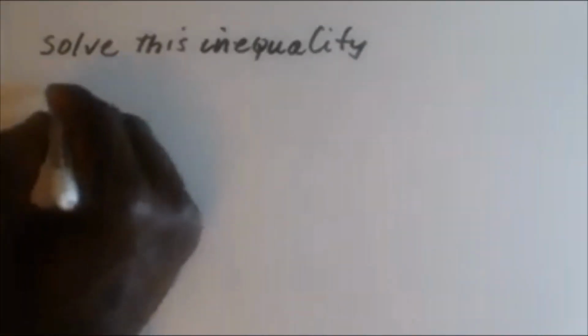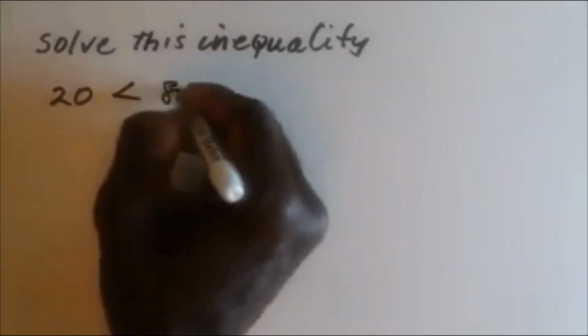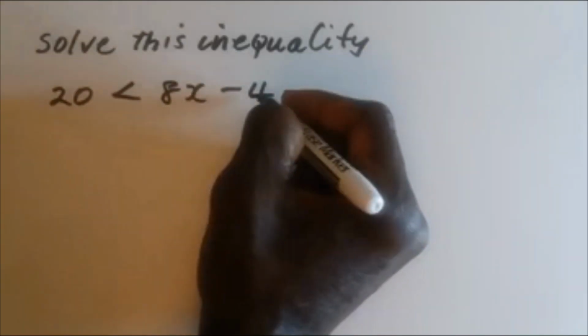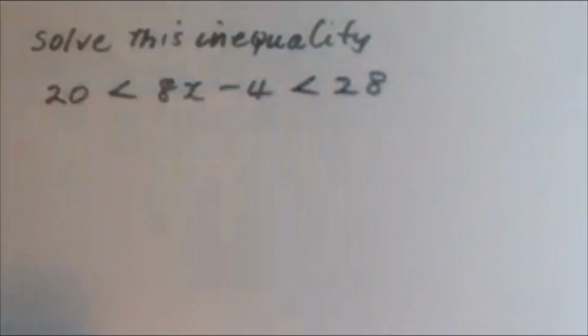Next we have the inequality 20 is less than 8x minus 4 is less than 28.